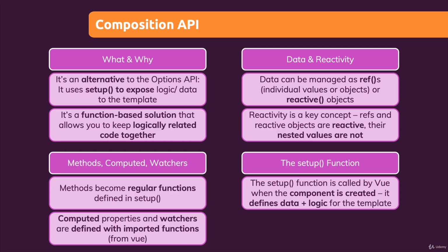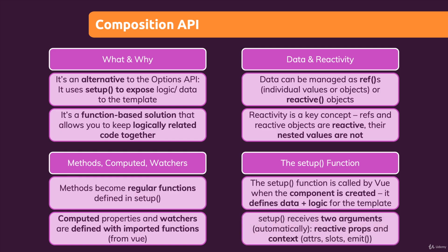And setup itself also receives two arguments which are passed in automatically by Vue when it calls setup for you. And that is the reactive props object with all the props you're getting for this component, and this context object with the fall through props, those attributes, with slot data, and with this emit function which you can use for emitting a custom event.